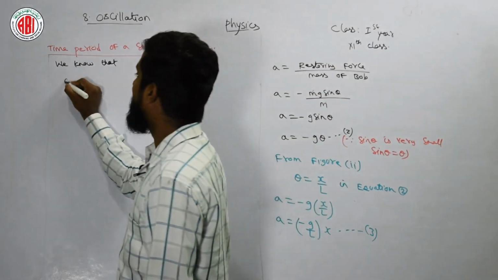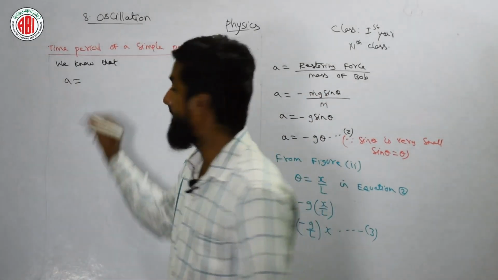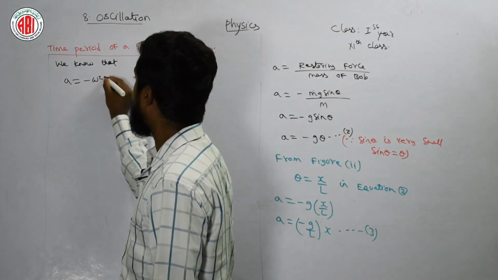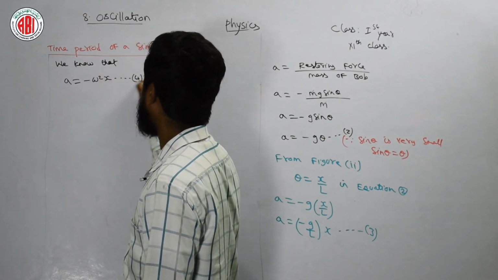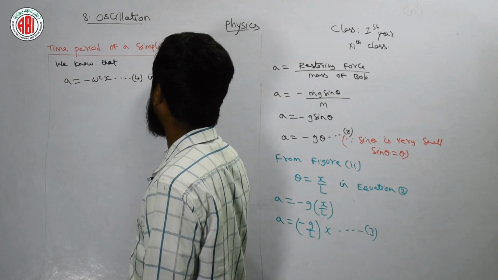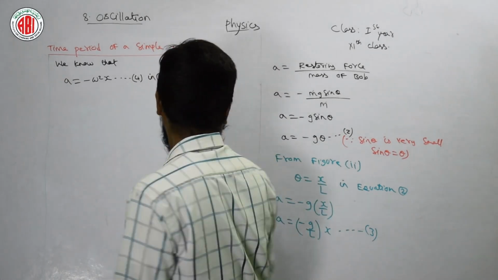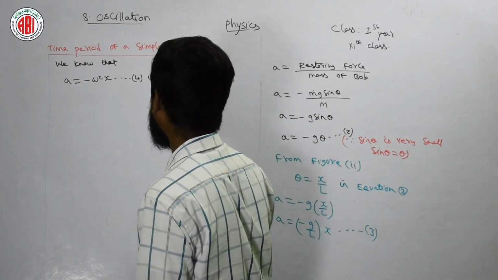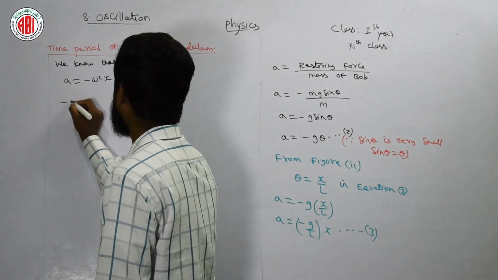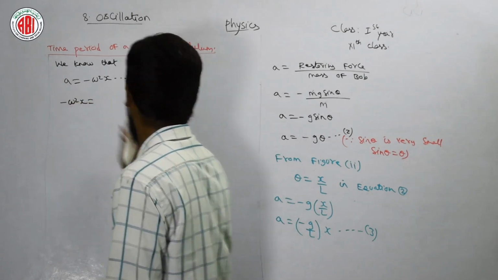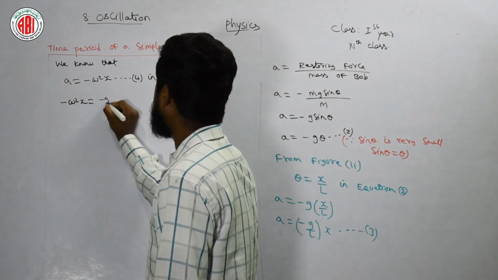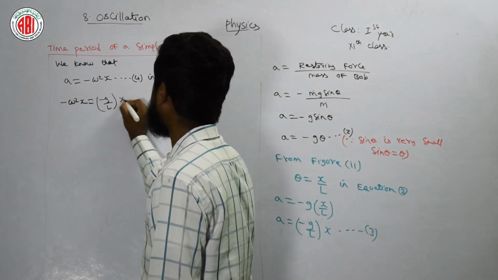We know that a is equal to minus omega square x. This is equation number 4, and I am putting it in equation number 3. In place of a, I put minus omega square x, whereas minus g by L into x is as it is.